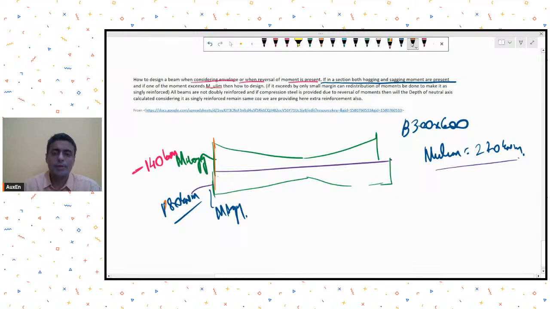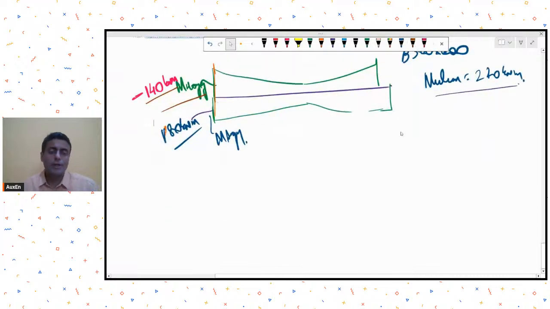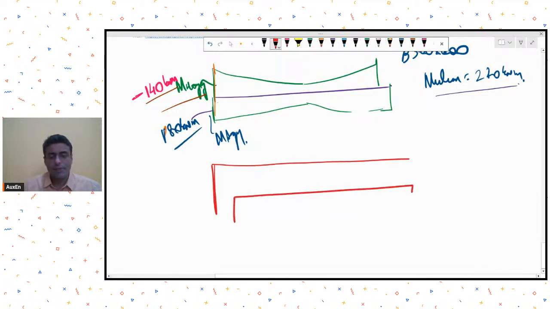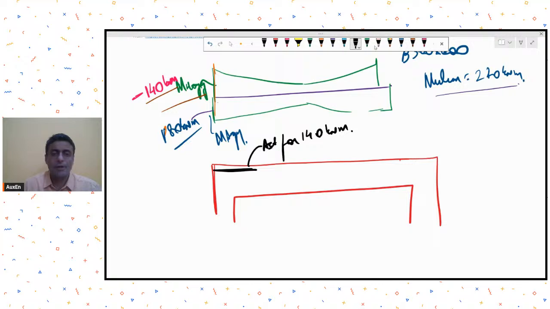Then things are simple. For 140, whatever steel you will require, because it was a hogging moment, that means tension was on the top face. So I will provide beam reinforcement at the top face. Do you get it? So this will be the steel for the 140 kilonewton meter moment.